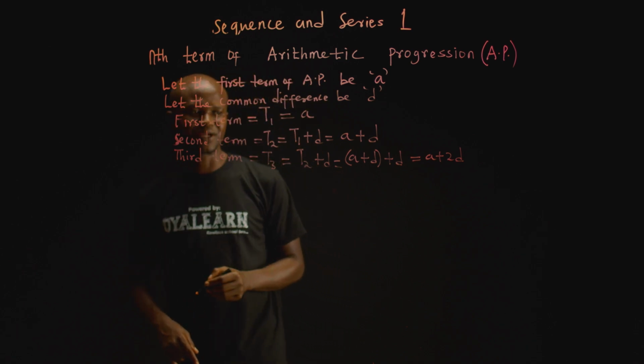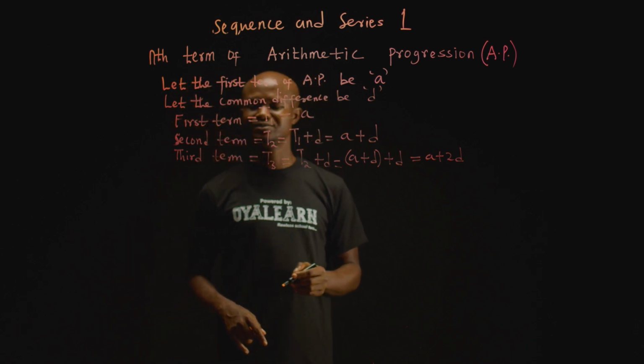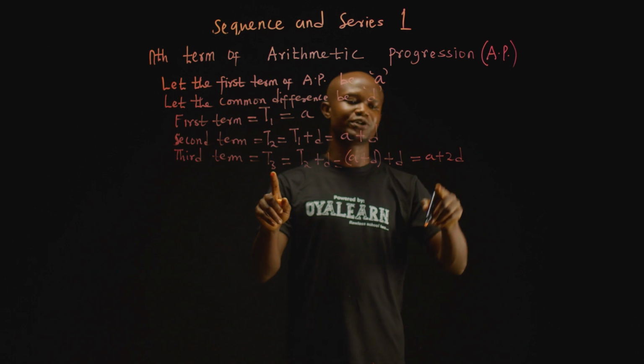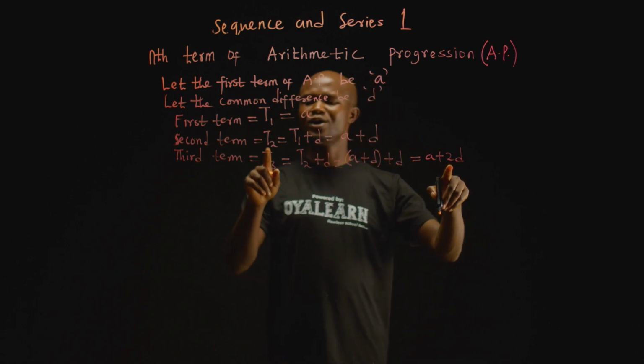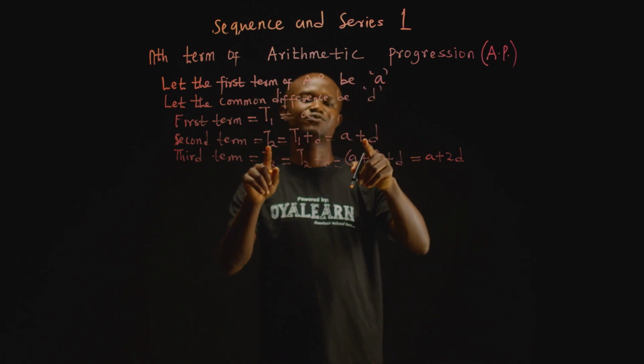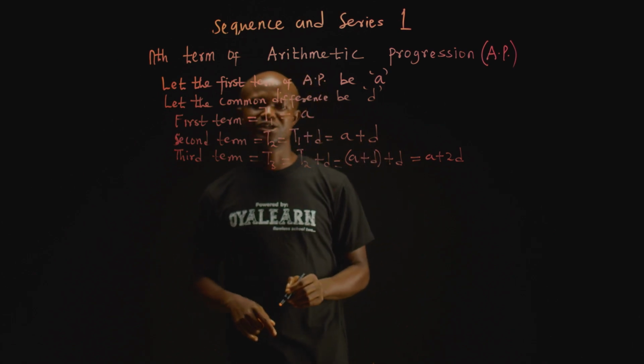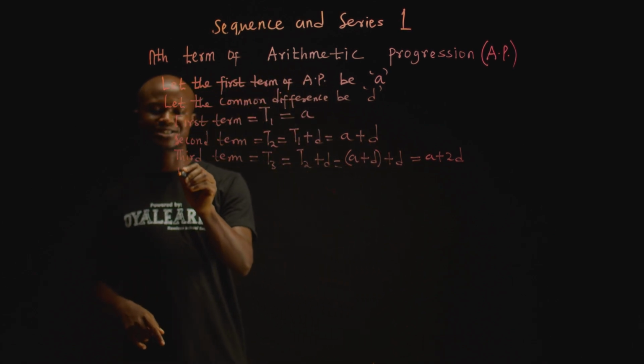You will observe something. When you have 3 here, you are going to have 2. And when you have 2 here, you will have 1. So take note. Now let's consider the fourth term.